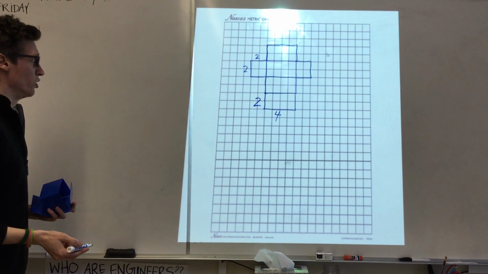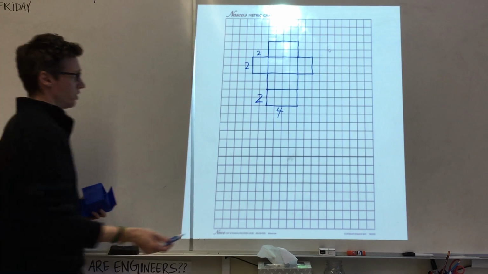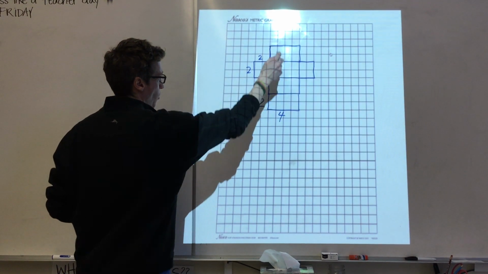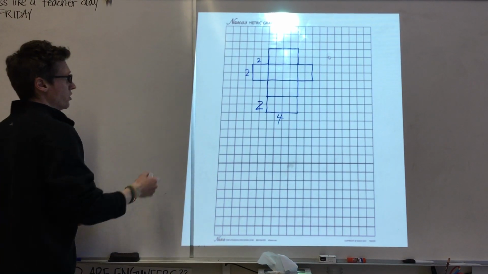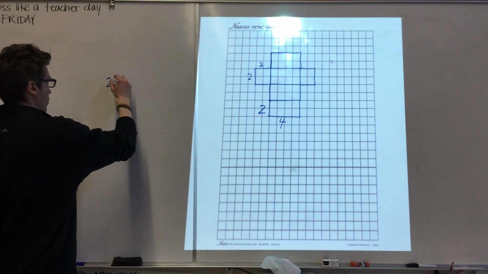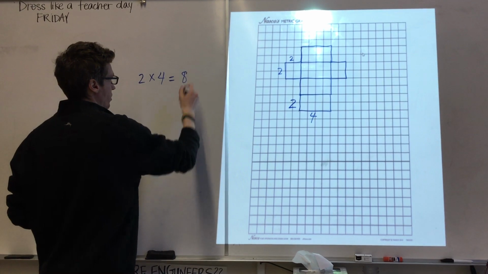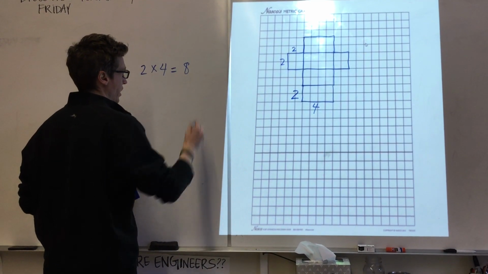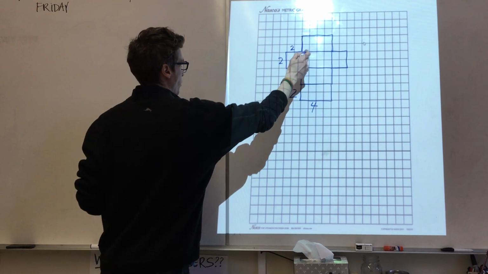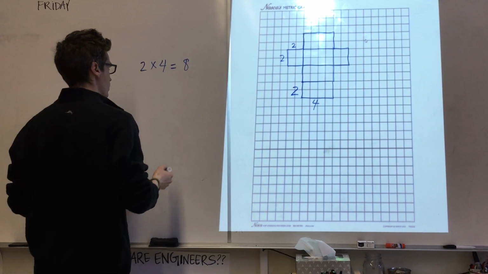So I'm going to use what I know about my area formula to figure out the area for my 4 faces here, which is 2 times 4, which equals 8. And I'm going to have 1, 2, 3, 4 of those.